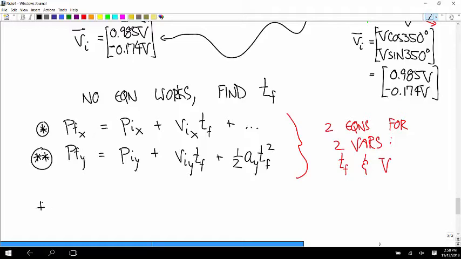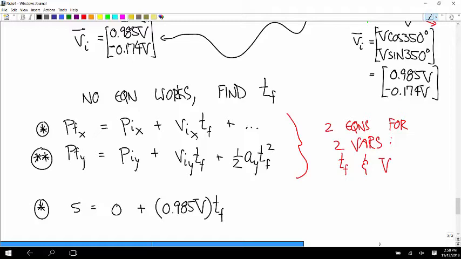Okay, so equation star. We know that Pfx is 5. Pix is 0. Vix is 0.985 times the speed, and we're multiplying that by Tf.